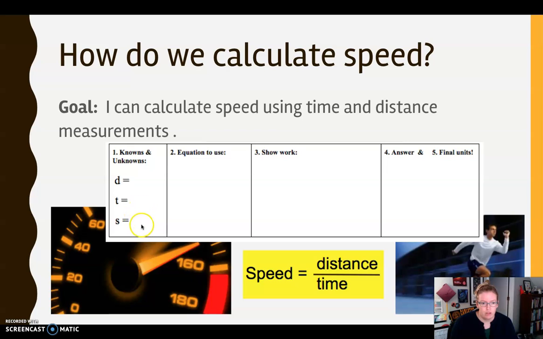We write that with a question mark. We write down what equation we're going to use. Show your calculations. What are you going to type into your calculator to do that problem? What answer do you get? And really important, lots of people forget this, what are the final units that should be on your answer?